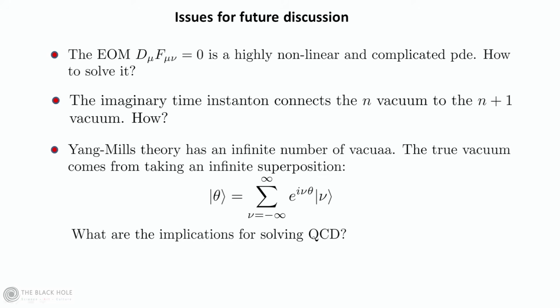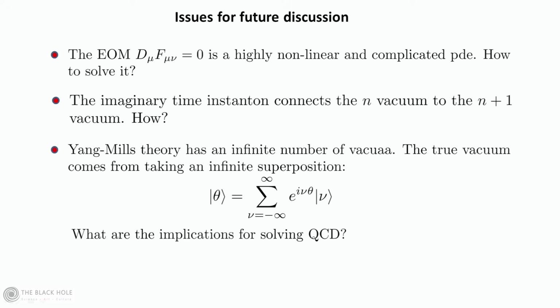People who do parton model calculations, people who do perturbative QCD, they think that their vacuum is the right vacuum. But that vacuum could be any one of these infinite number of vacua.